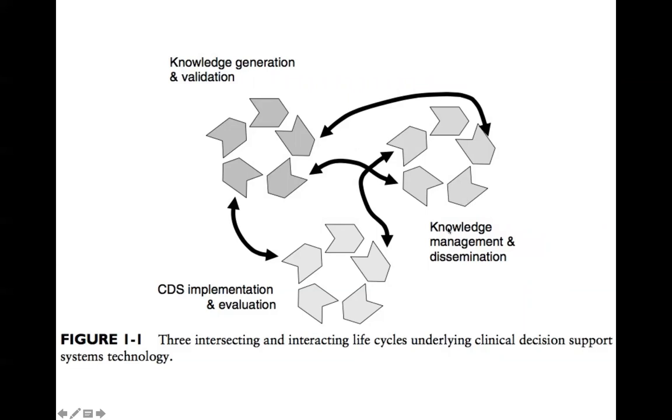So we have knowledge management, we have the knowledge database, then we can implement the clinical decision support system. And usually people stop here. We only care about developing a clinical decision support system. But for the quality issue, especially patient safety, the evaluation process is quite important.